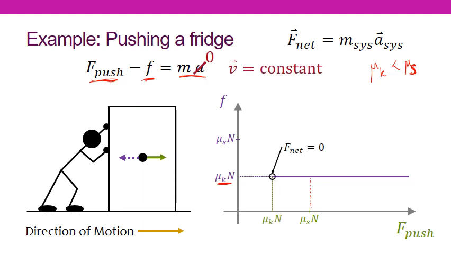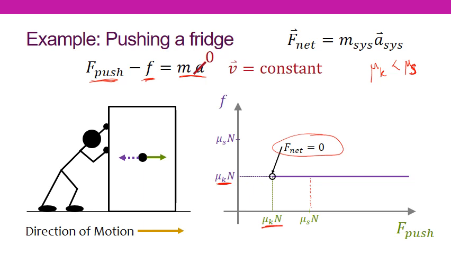Eventually though, I will hit the point where my pushing force is equal to my kinetic coefficient of friction times my normal force. And now you'll notice my net force has gone to 0. The difference between my two forces is 0 and my acceleration will be 0.